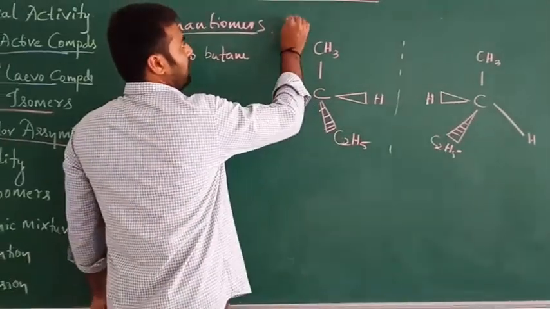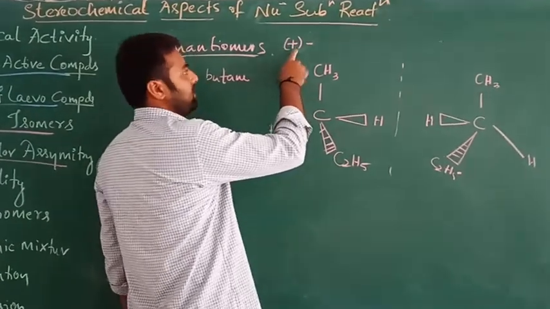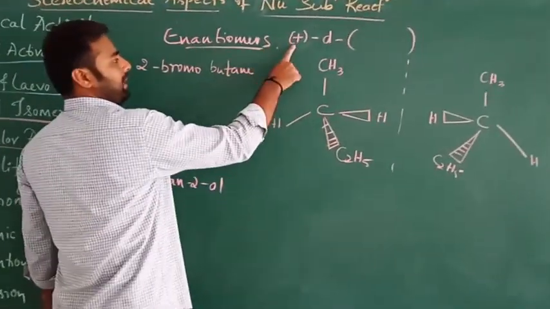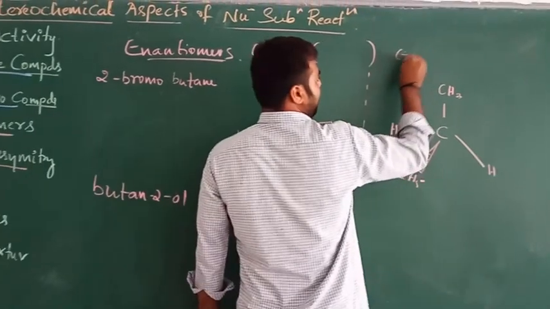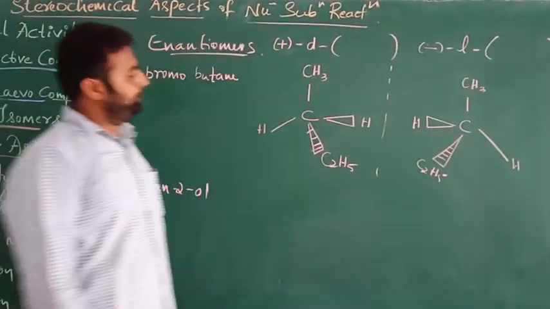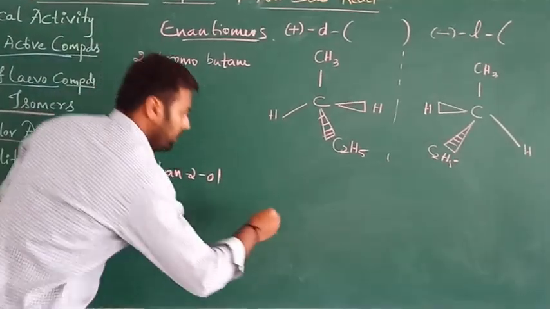This is a dextrorotatory compound represented by a plus sign or D. The name of the compound is plus or D 2-bromobutane. This one is represented by a negative symbol or L 2-bromobutane. Next one, butan-2-ol.